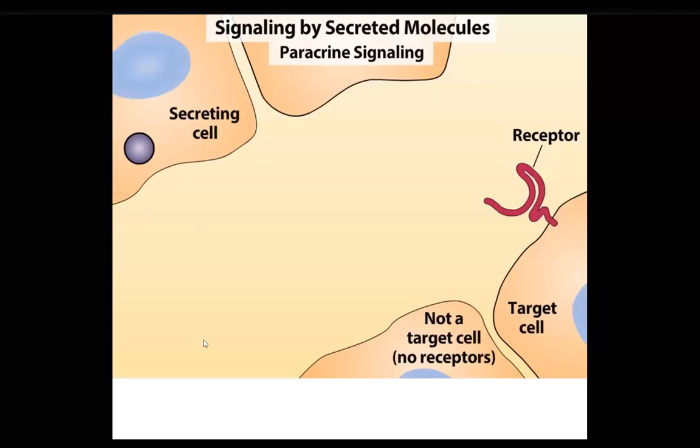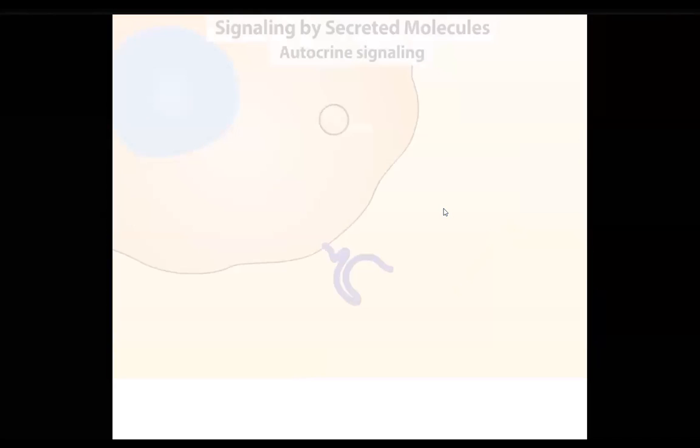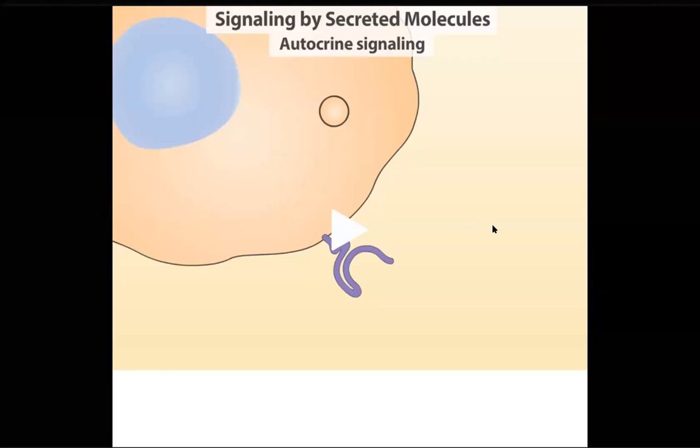In contrast to hormones, some signaling molecules act locally to affect the behavior of nearby cells. In paracrine signaling, a molecule secreted by one cell acts on neighboring target cells. Only target cells with specific receptors react to the signaling molecule, and then they induce a secondary response in the target cell.